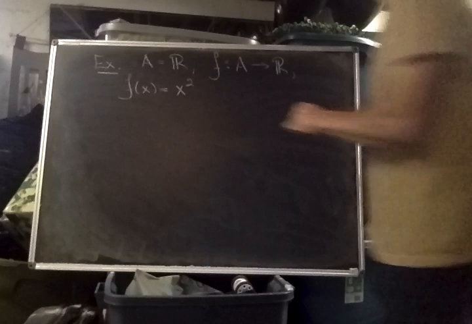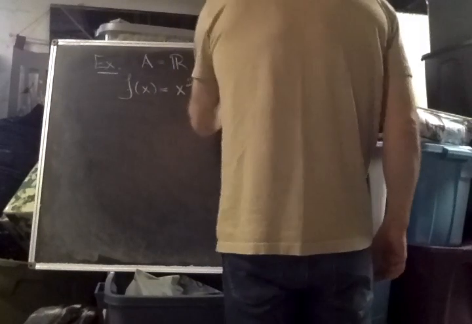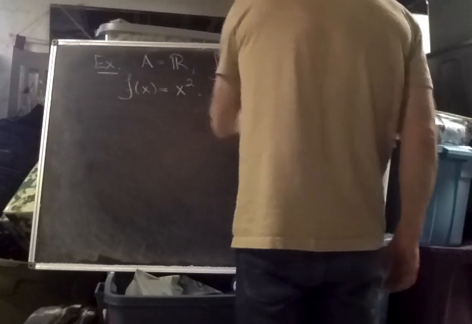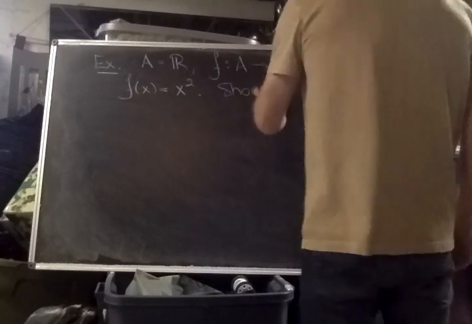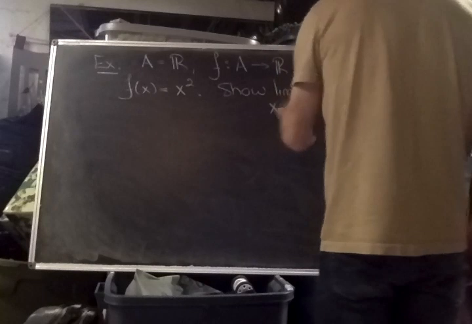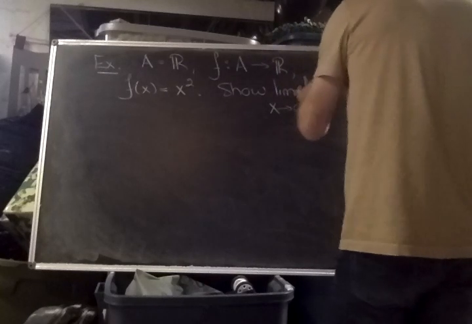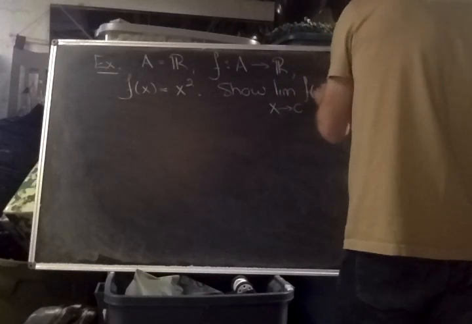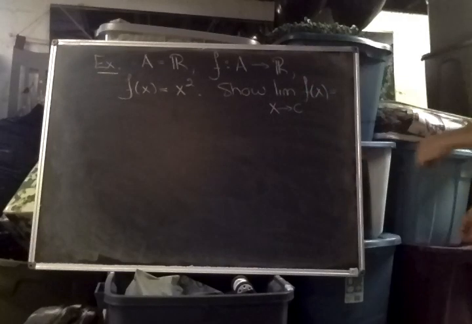Okay? And then what we would like to do is show that the limit as x approaches c of f of x is, well, I mean, we all know what the answer is, right?